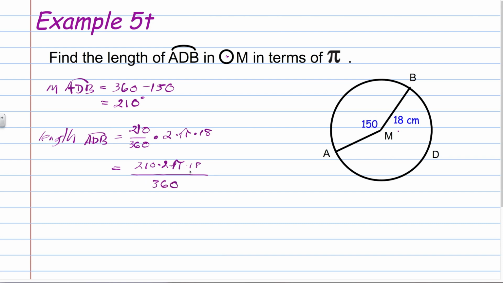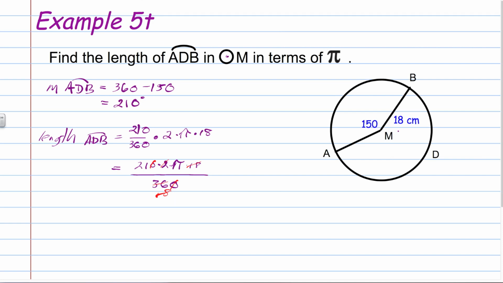Now, you could reach for a calculator, but since we want this in terms of pi, we just need to simplify what's here. And one way to go through and simplify this is by understanding some common divisibility rules. 210 and 360 are both divisible by 10, so we would divide them by 10. That leaves us 21 and 36. Now, 2 divides into 36 18 times. So the 2 divides out, and 2 goes into 36 18 times. Now these 18s can divide each other out and leave 1, so they're canceled.